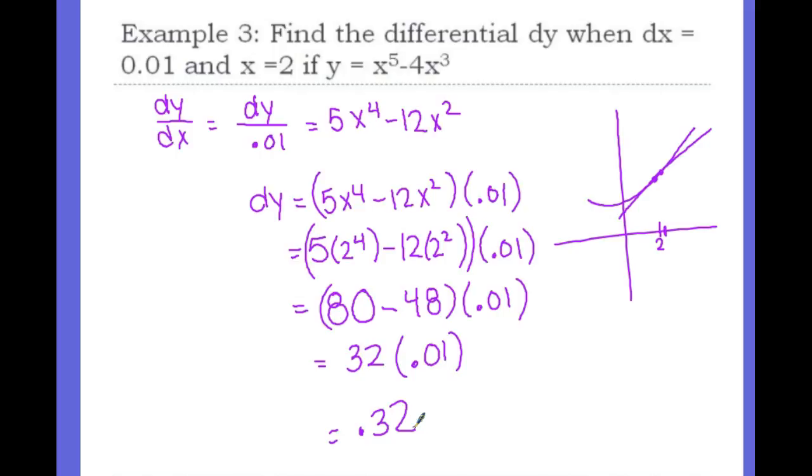Like I said, we started really easy and we end really easy. What I want you to take away is the interpretation. Can you put this into words?